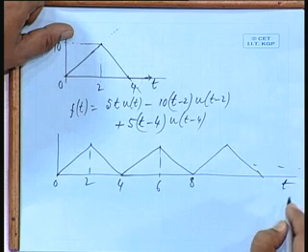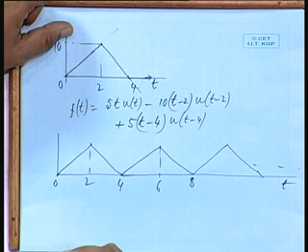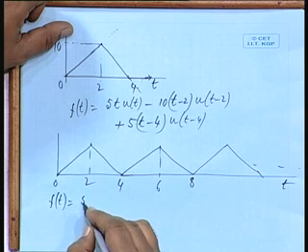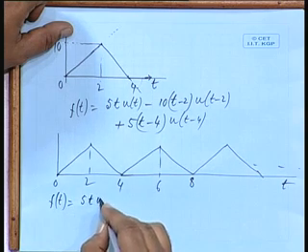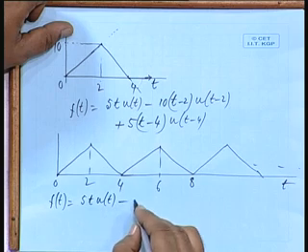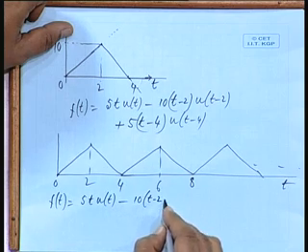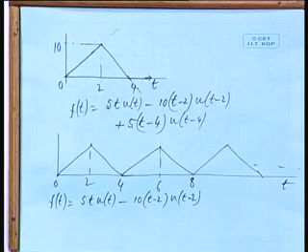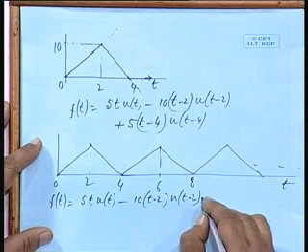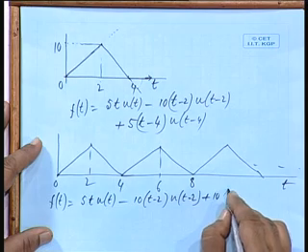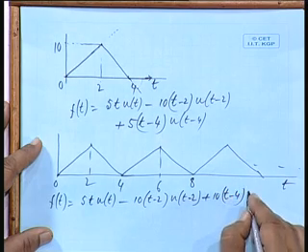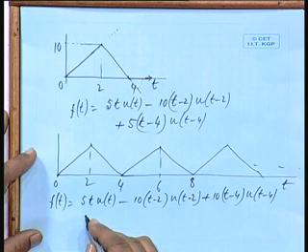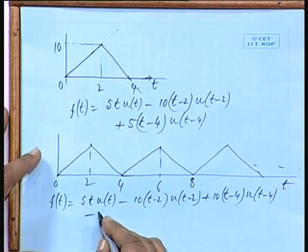So, what will be this? f(t) will be 5t u(t), okay, minus 10(t minus 2) u(t minus 2), now plus 10(t minus 4) u(t minus 4), very good, then minus how much?